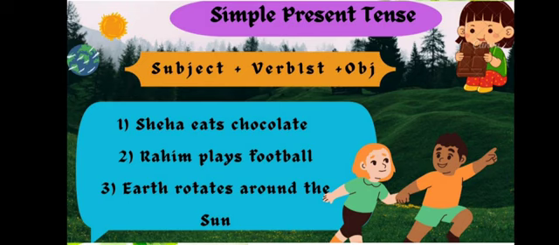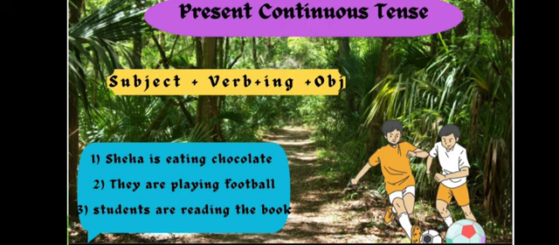Now you are understanding it. It's very interesting. Now move on to our next example. Earth rotates around the sun. Here you see the subject is earth and rotates is the verb, around is the preposition, the is the article and sun is the object. Now we will move on to our next one.